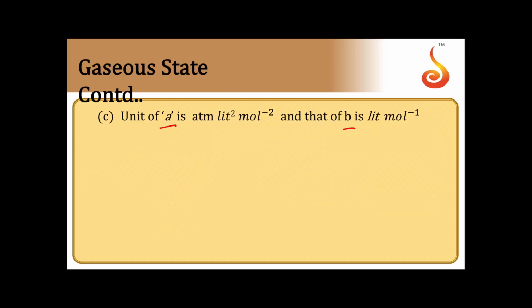If you observe the equation (P + an²/V²)(V − b) = RT, the term an²/V² must have units of pressure, because we are adding this term to the pressure term. So an²/V² should have units of pressure, that is atmospheres.